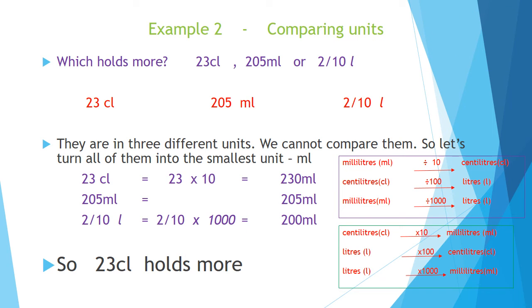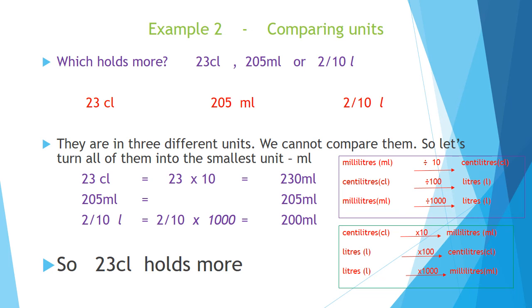Now let's look at the second example. We are going to compare some units and solve some problems. Which holds more? 23 centiliters, 205 milliliters, or 2/10 of a liter? This question has centiliters, milliliters, and liters, so you cannot compare at all.